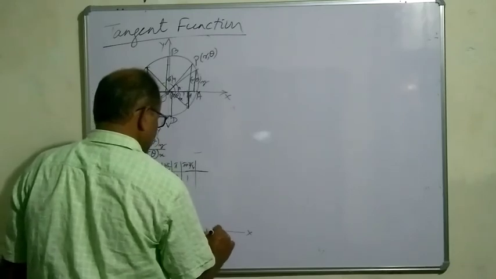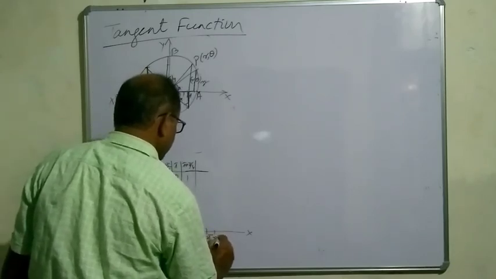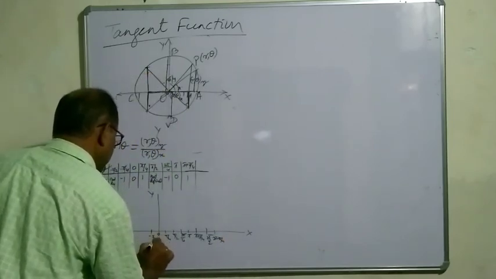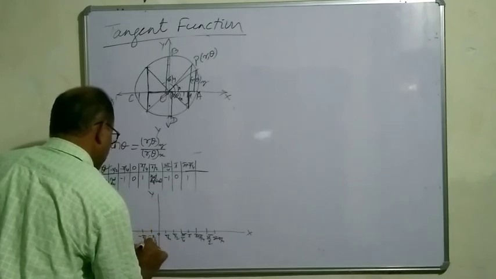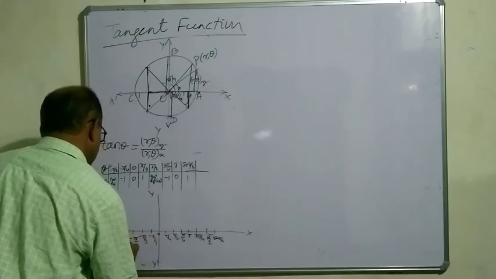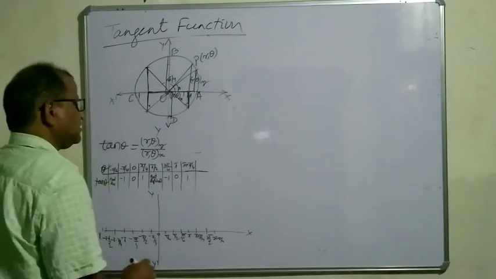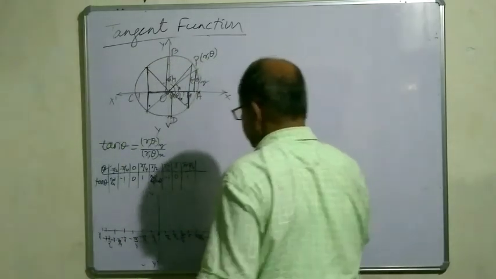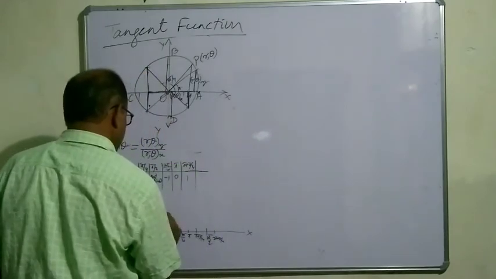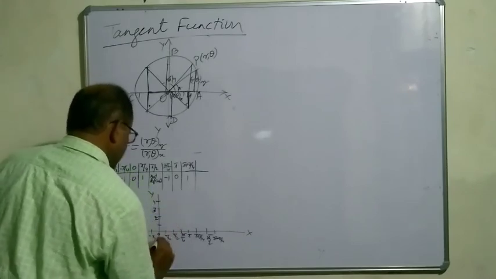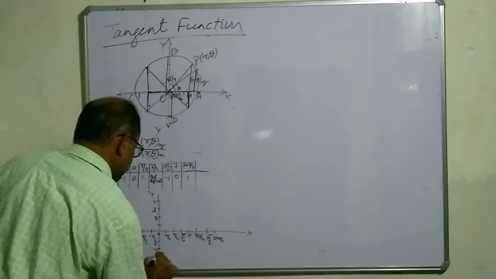Then 2 pi minus pi by 4. Here also it is minus pi by 4, minus pi by 2, minus 3 pi by 4, minus pi. These are the points. So yes, suppose 1, 2, 3, 4, and minus 1, minus 2, minus 3, like this.